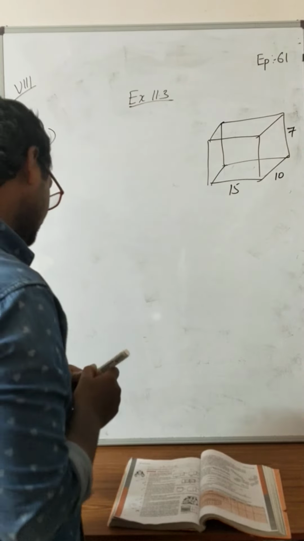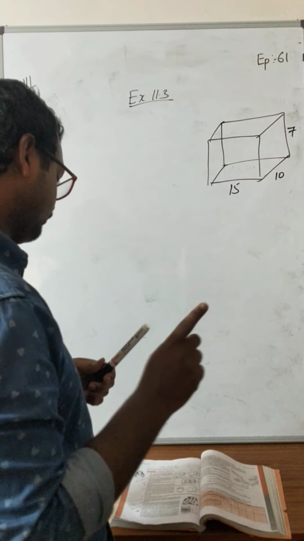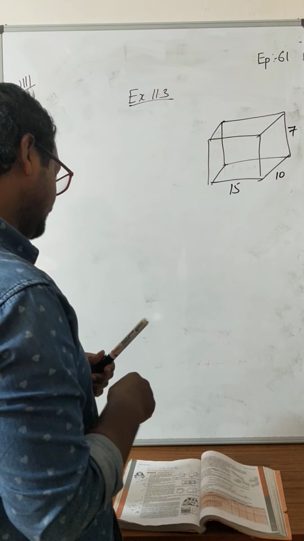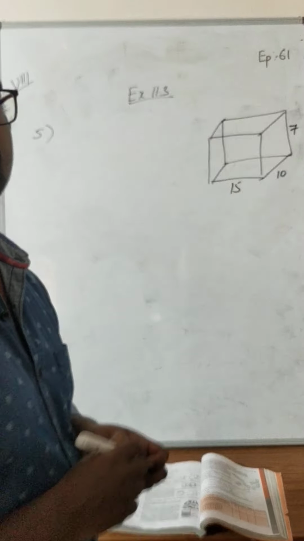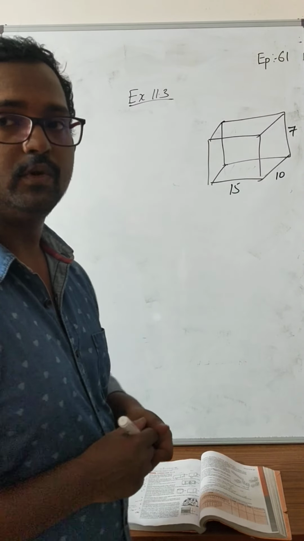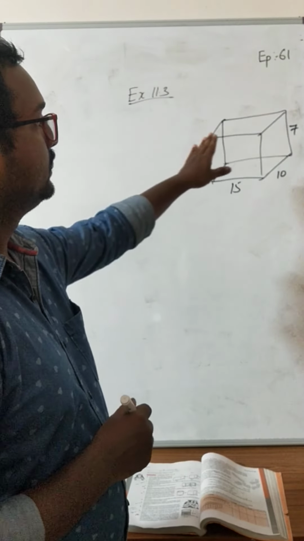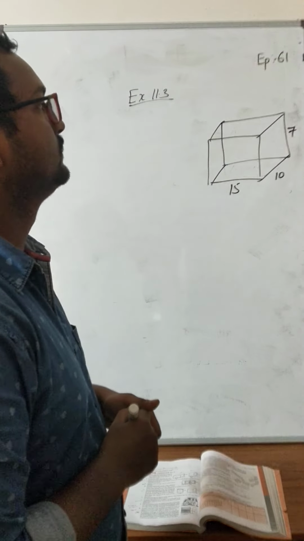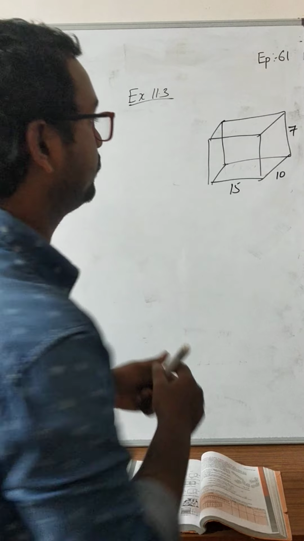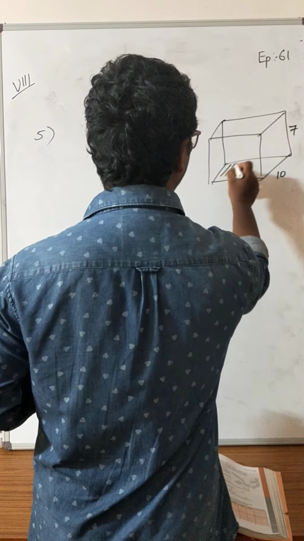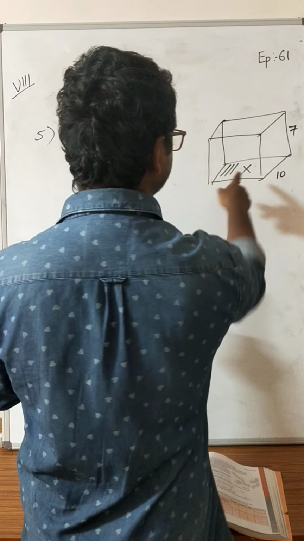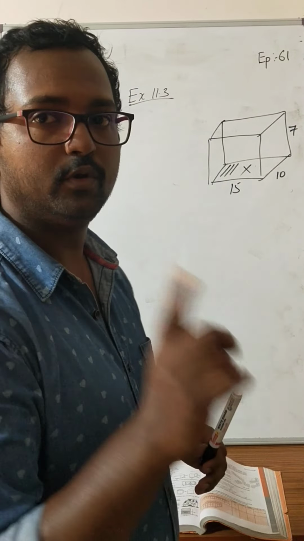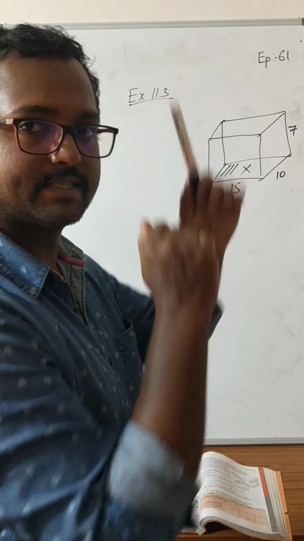The question is, from each can of paint, 100 meters square of area is painted. Here Daniel is only going to paint the 4 walls and the ceiling. He is not going to paint the floor.